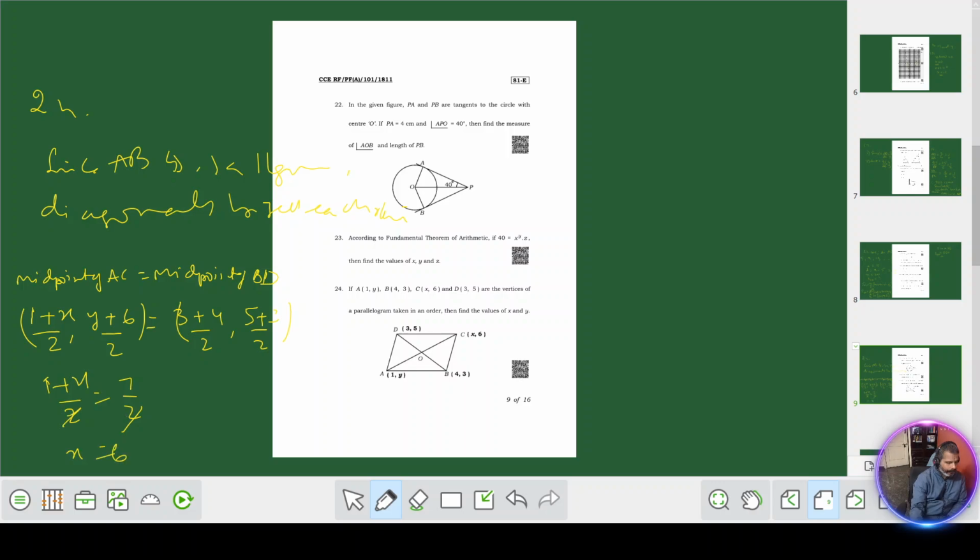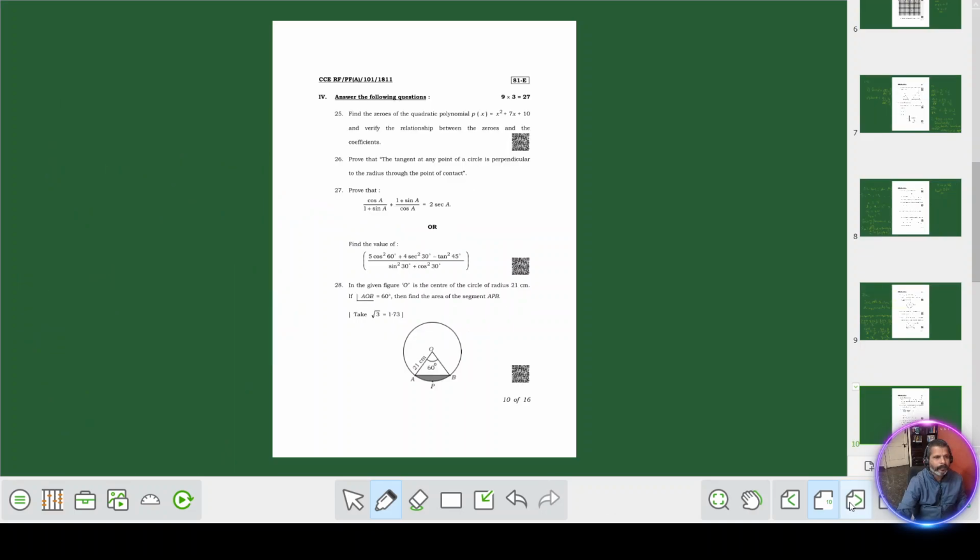Then similarly, you equate y plus 6 by 2 equal to 5 plus 3, 8 by 2. 2 cancels. Y equal to 8 minus 6. Okay. Clear? Here use the midpoint formula. Then we'll move to the next question.